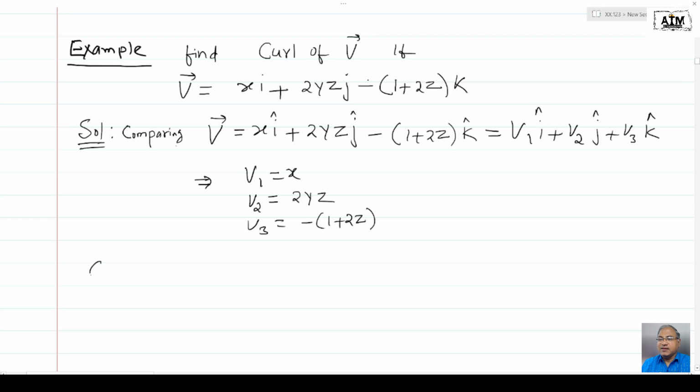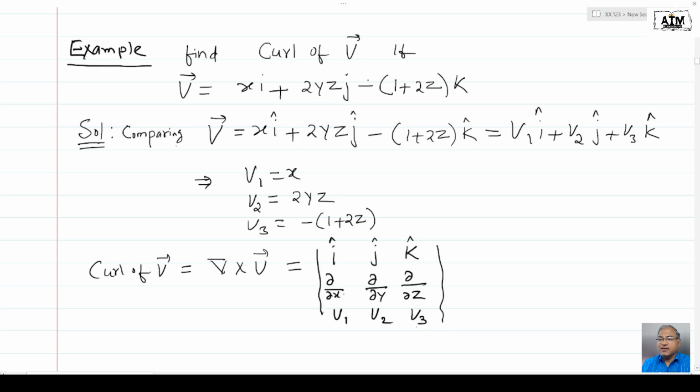Now the curl of vector v equals nabla cross vector v, which equals the determinant with rows i, j, k; del/del x, del/del y, del/del z; and v1, v2, v3. Writing i, j, k as they are, then del/del x, del/del y, del/del z.